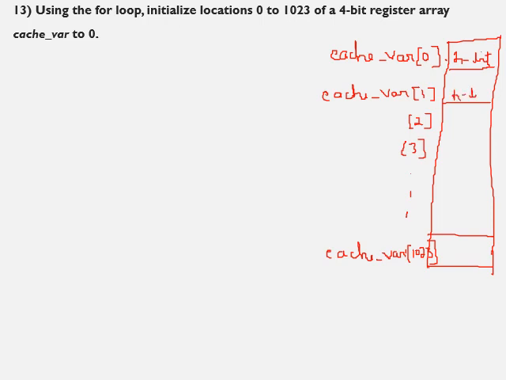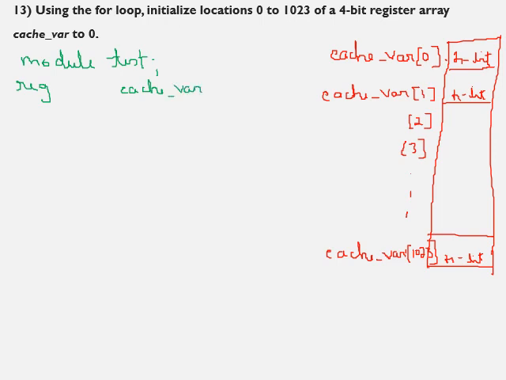Now you have to declare this using a 2-dimensional method, one for representing the size of the vector and the other for representing the size of the array. So I'll proceed to write the program. Module, I'll give the name as test only. I'll declare a register cache variable.